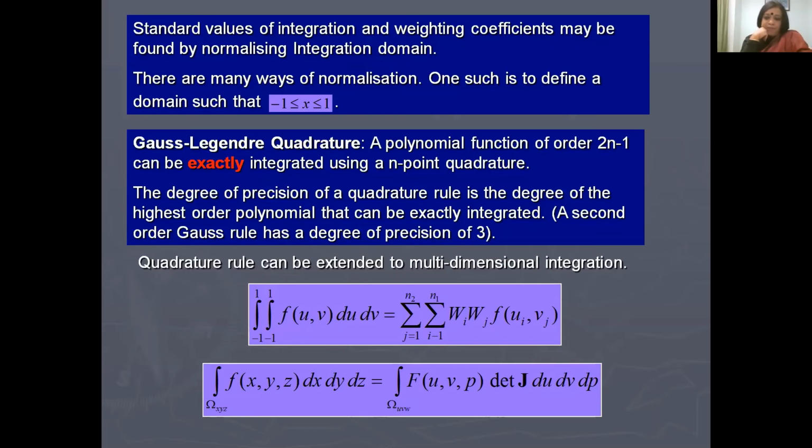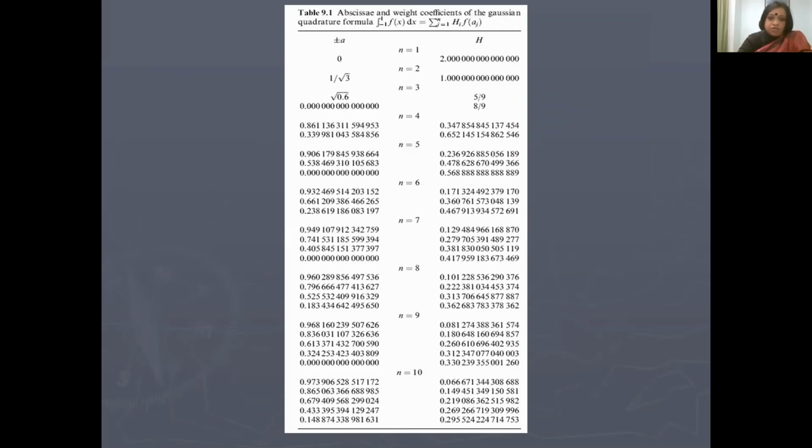So, for example, you have a linear polynomial. What point quadrature should you use? Before I go ahead, I'll show you what a Gauss table looks like. This is what the Gauss quadrature table looks like. So these are the abscissa and weight coefficients of the Gaussian quadrature formula applied over -1 to 1 f(x) dx. So if you're integrating any function f(x) dx in the region -1 to +1, what you have to do is sum over w_i f(a_i).